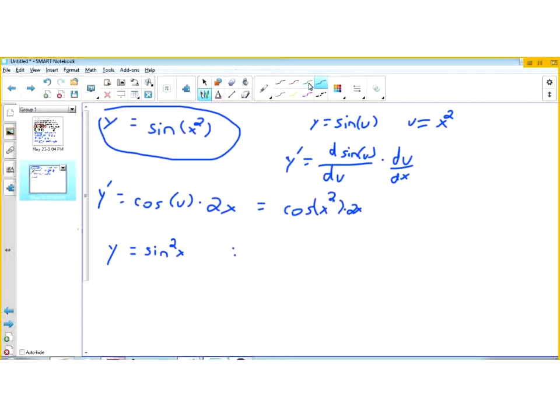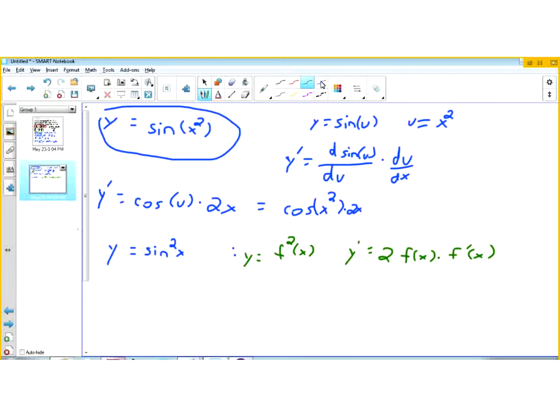If we have a function, say, y is equal to f squared of x, and assuming that f is differentiable, then y prime, since we have a power, we can treat it just like differentiating any other exponential function. We can say that y prime is equal to 2 times f of x times f prime of x. Because what we're doing is letting f of x equal u. So this is called the power rule for differentiation.